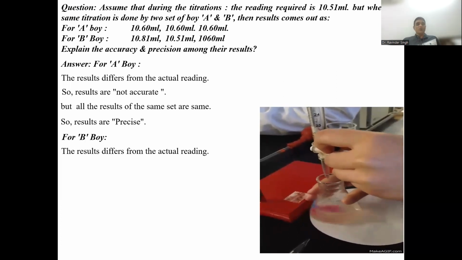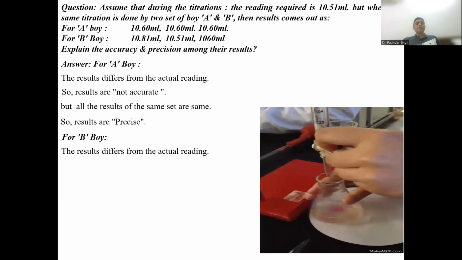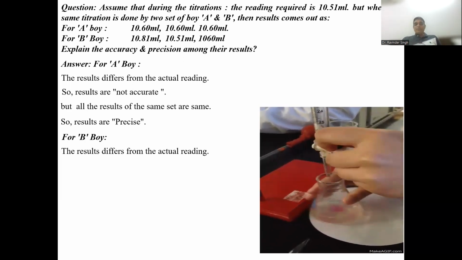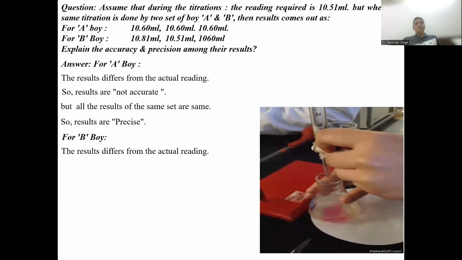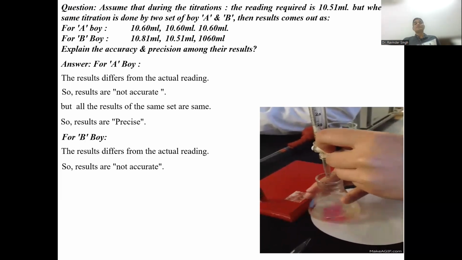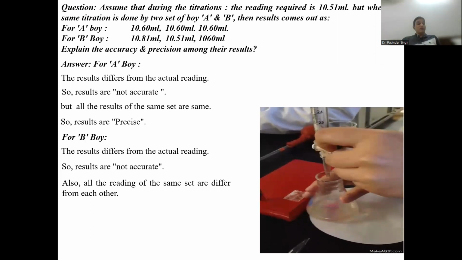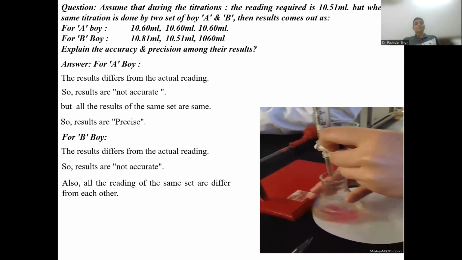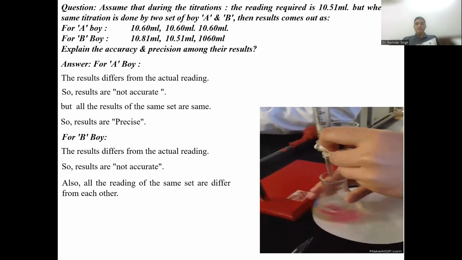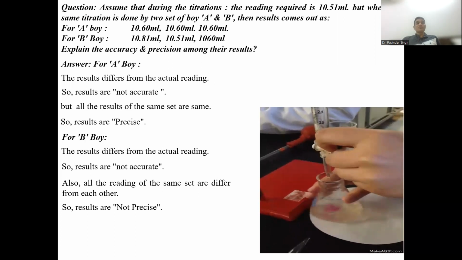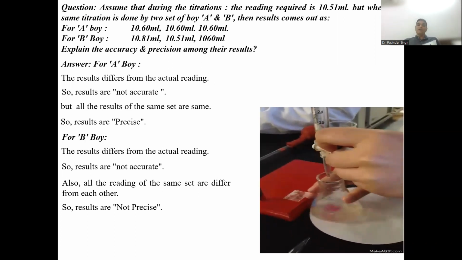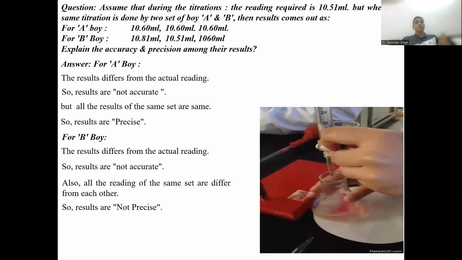All the readings are not the same. Because the readings do not match the actual reading, the results are not accurate. And also, they differ from each other, so the results are also not precise. So the results of boy B are neither accurate nor precise.